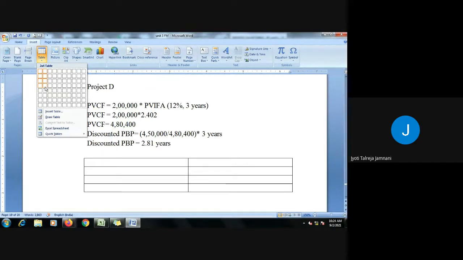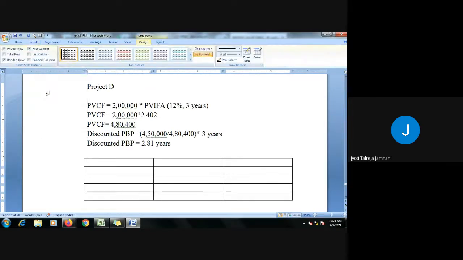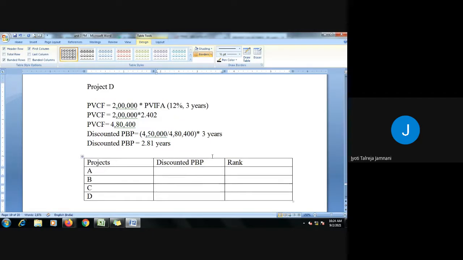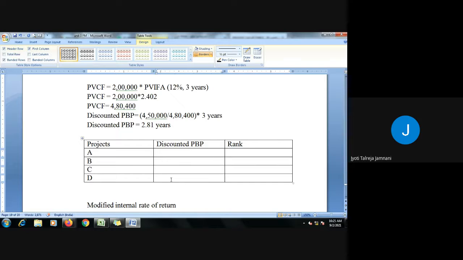So we have 4 projects right here. Projects, discounted payback period, and rank. Project A, B, C, and D. The value for project D is 2.81 years.